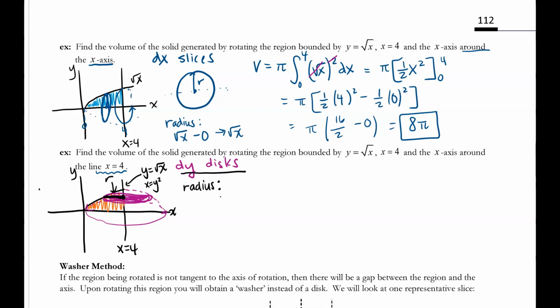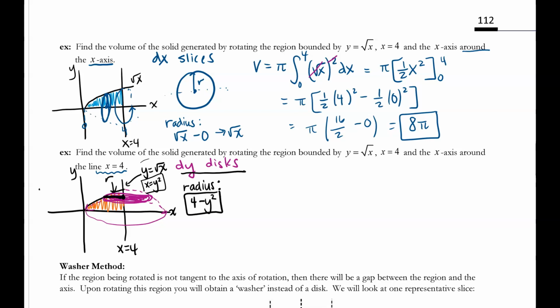Now, because these are dy discs, I know everything needs to be in terms of y. So our original curve right here was y equals the square root of x. We need to square both sides to solve for x and use x equals y squared instead. So remember, we always go right minus left. So my radius is going to be 4 minus that curve, which is y squared.